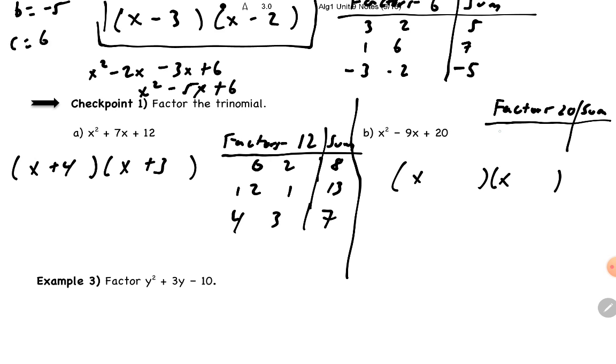Let's say negative 10, negative 2. Negative 10 times negative 2 is positive 20, and then they add up to negative 12, so that's not it. Most likely it'll be negative 4 and negative 5, because those add up to negative 9, and they multiply to positive 20. So my answer is x minus 4, x minus 5.